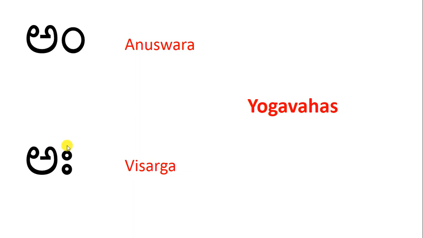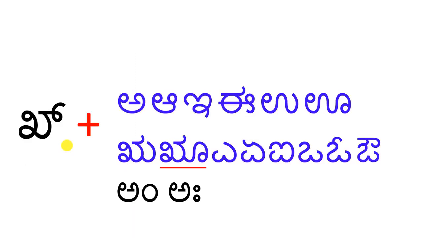In the previous video, we learned about the first root consonant K, and in this video we will learn how to write and pronounce the sounds you get when you add all these vowels to the second root consonant Kh. The first root consonant is K and this is Kh.